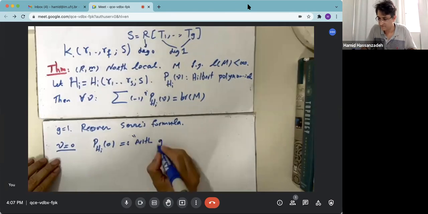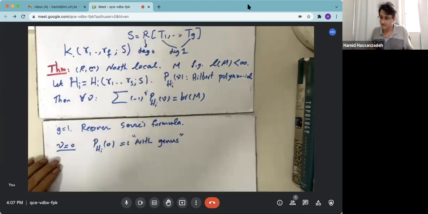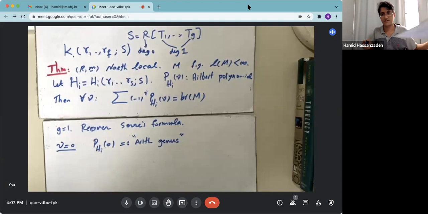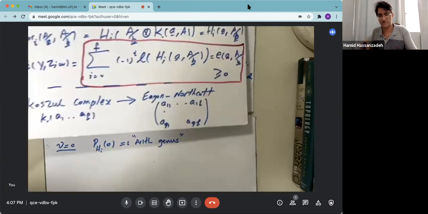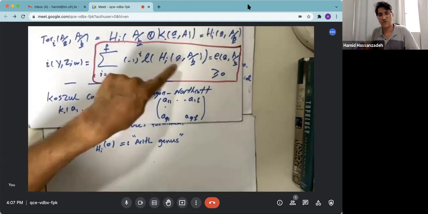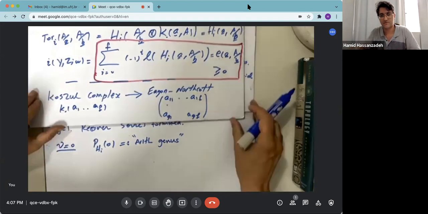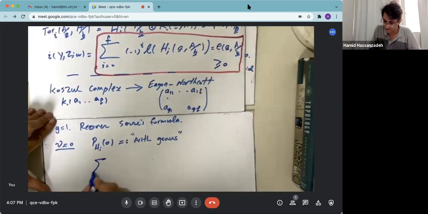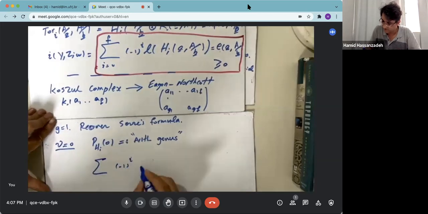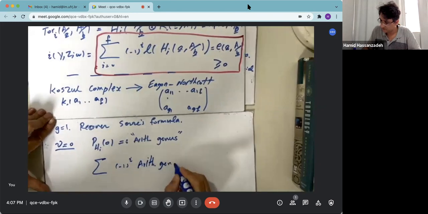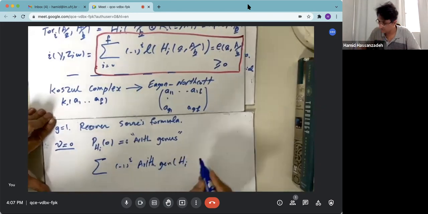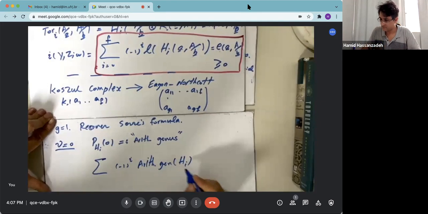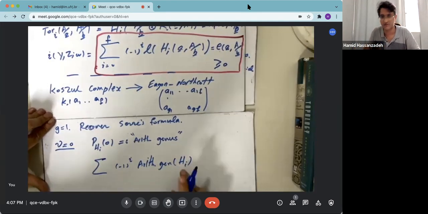Then if I want to rewrite the Serre formula for the Buchsbaum-Rim multiplicity, the formula would be like this: the sum of (-1)^i times the arithmetic genus of the homology is the Buchsbaum-Rim multiplicity.